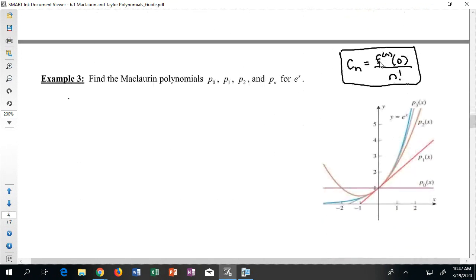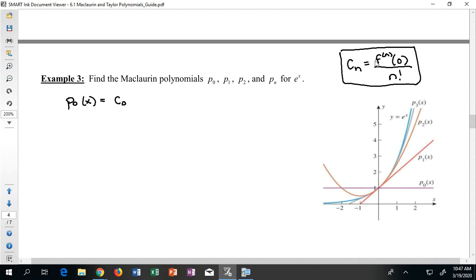So let's see what we got here. If I wanted to find p0, then that means that p0 of x, I'm going to have to go all the way up until n is 0. Well, that's actually going to be a really short polynomial because that's just going to be the equivalent of just finding c0. But c0 itself is really easy to find again with this formula.